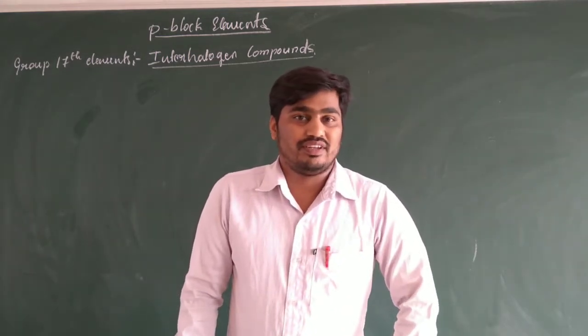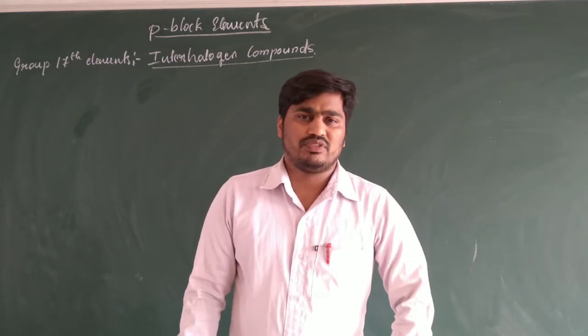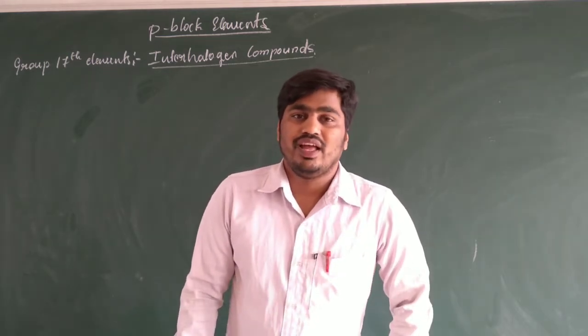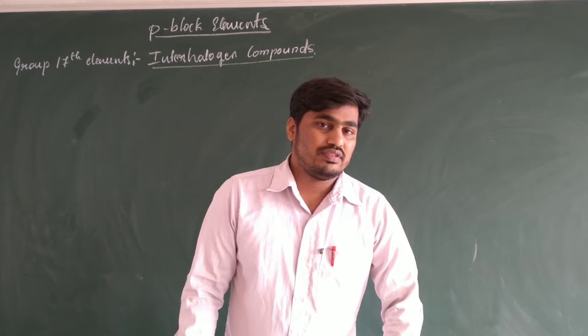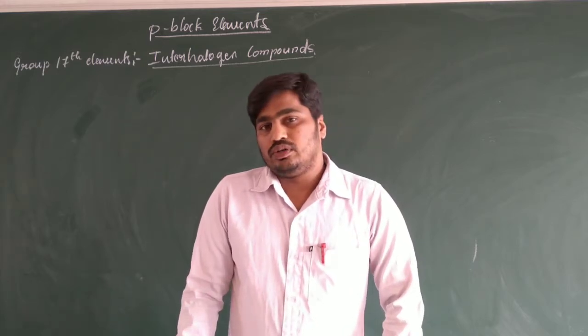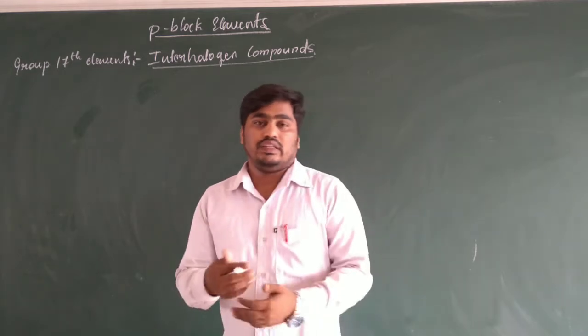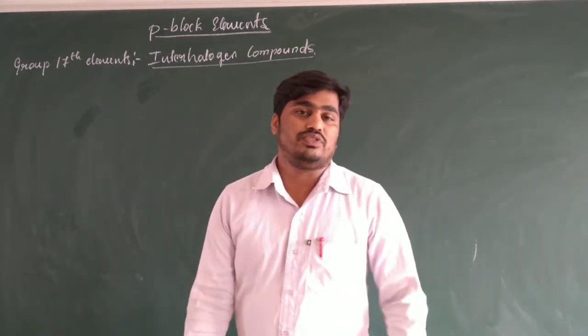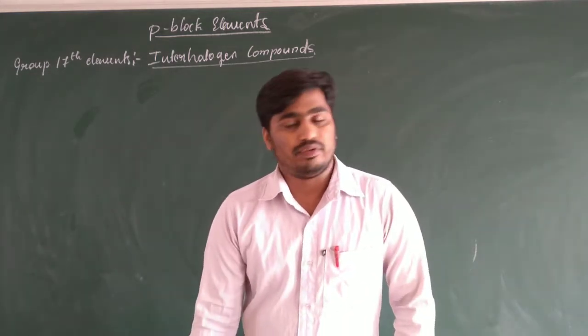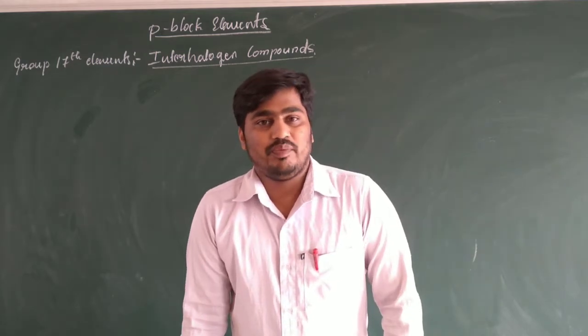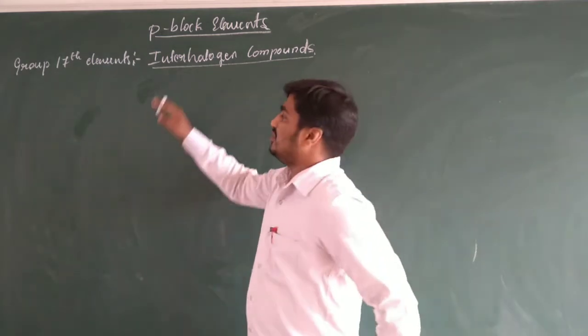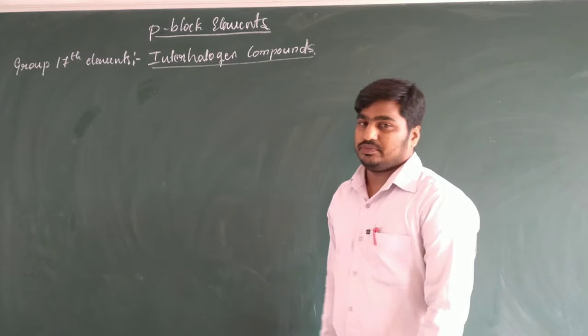The compounds are nothing but interhalogen compounds. These are the subordinates of halogens. The halogens undergo reaction with another halogen, or internally the halogen and halogen react together and form a very interesting compound. These compounds are nothing but interhalogen compounds.